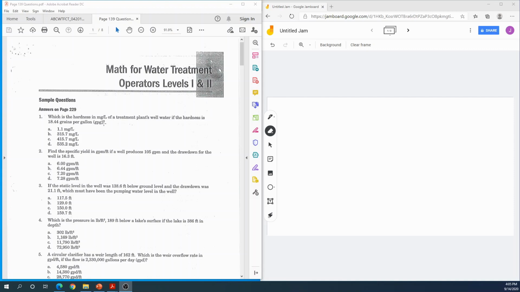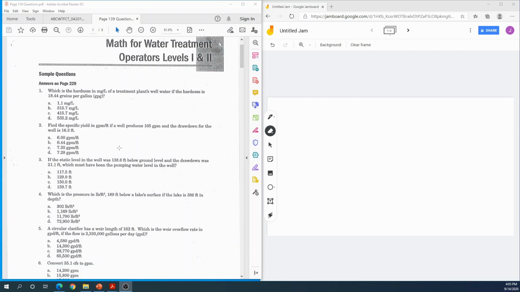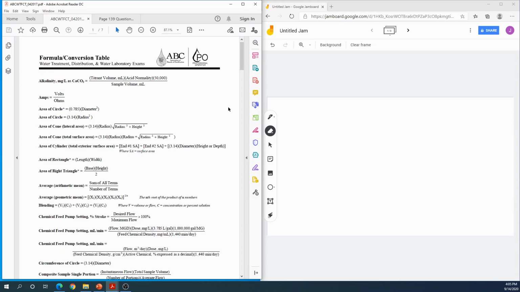So let's jump right into sample questions here. Starting with number 1, which is the hardness in milligrams per liter of a treatment plant's well water if the hardness is 18.44 grains per gallon. So the first thing I want to do here is take a look at our cheat sheet, and let's see if we can find an equation for hardness.